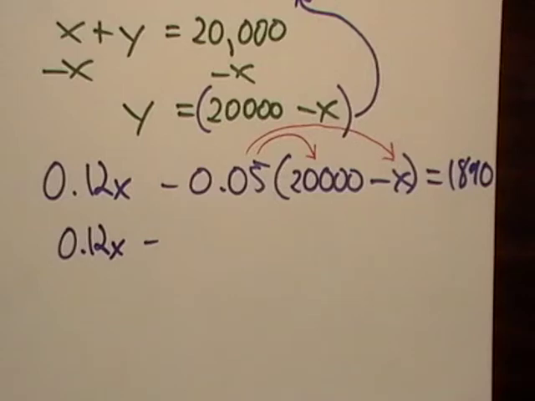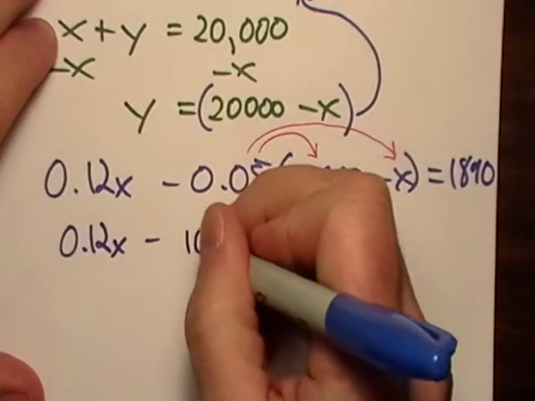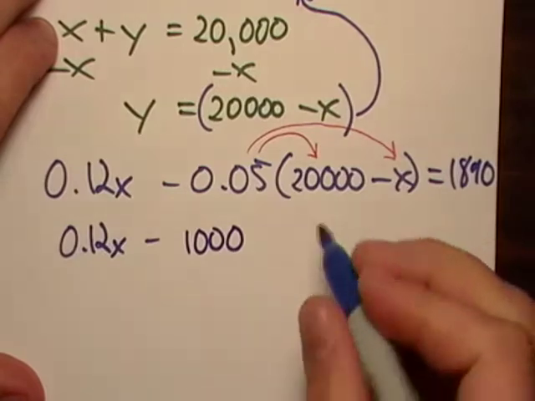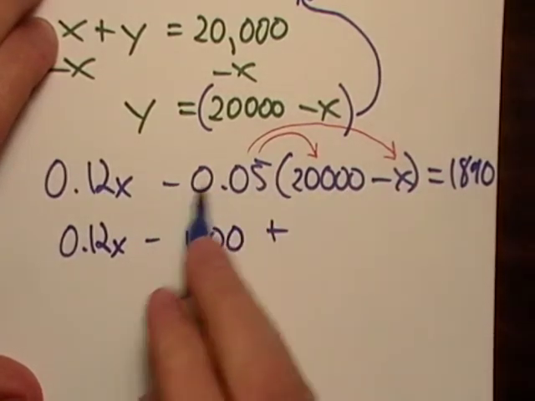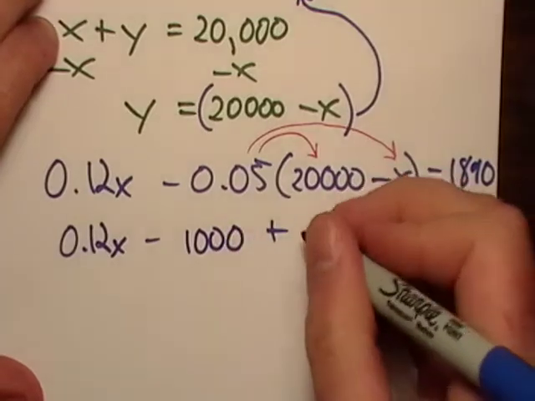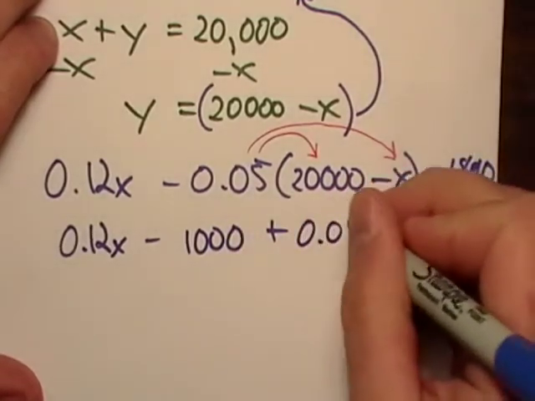Let me use my calculator to make sure. Or no, it's 1,000. Yeah, it's 1,000. Good thing I used my calculator. And notice how we're distributing this: we have a negative times a negative, which gives us a positive.